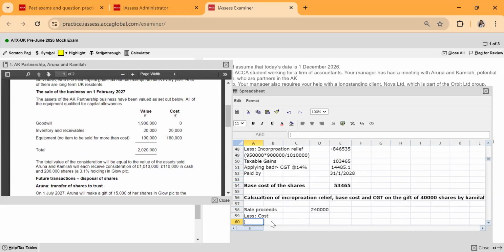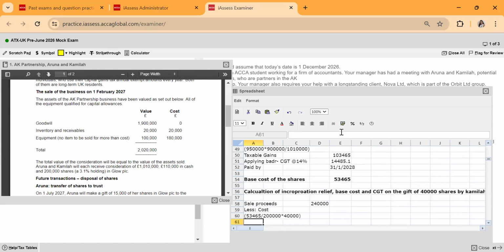Now how much cost will we reduce here? 53,465 divided by the total number of shares, 200,000, multiplied by the shares being transferred, 40,000.